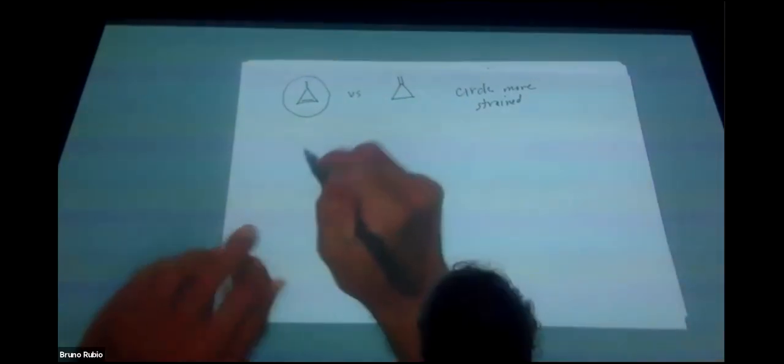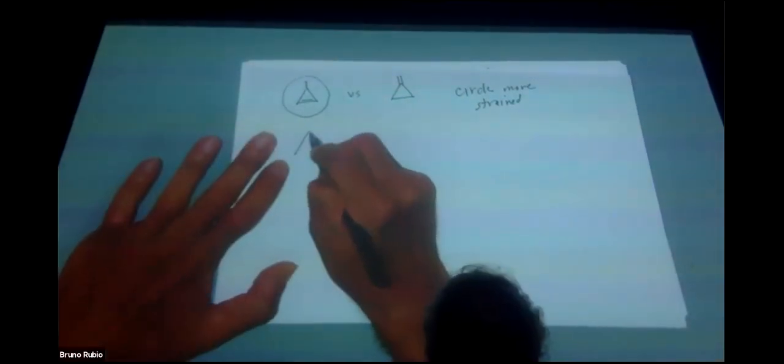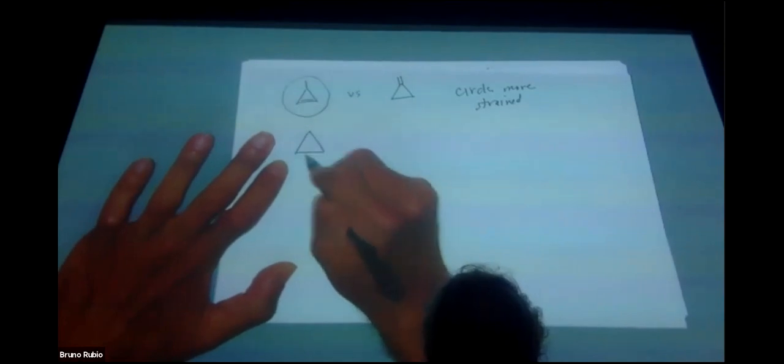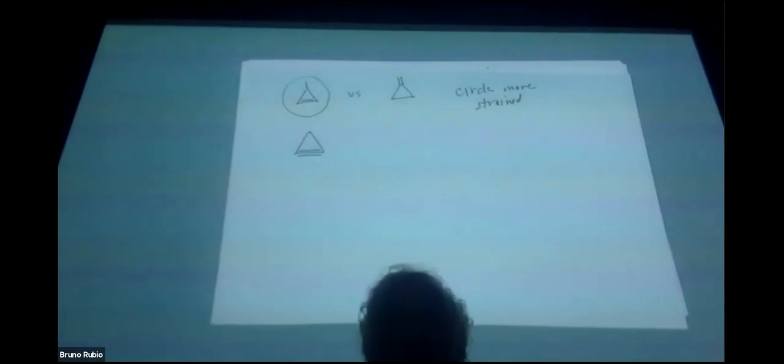Now, before I leave ring angle strain and talk about the next kind of strain, a word about the triple bond. On a piece of paper, I can put a triple bond inside a three-membered ring, right? No problem. The paper didn't blow up or catch fire or anything like that. I was able to write it.